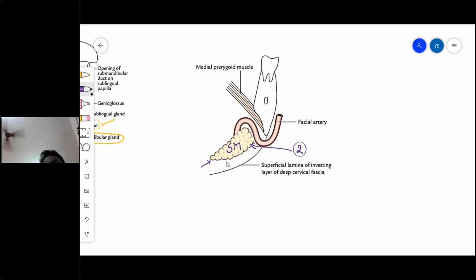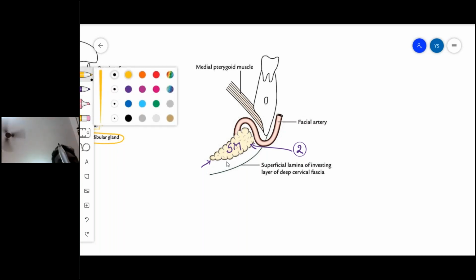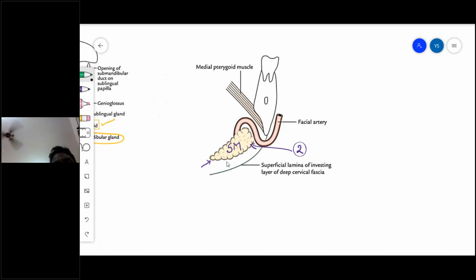Cervical part of the facial artery. For example, here I will give a little more explanation. With the green arrow, I'm showing these two parts. This is the one part, AS. This is the second part, DS.